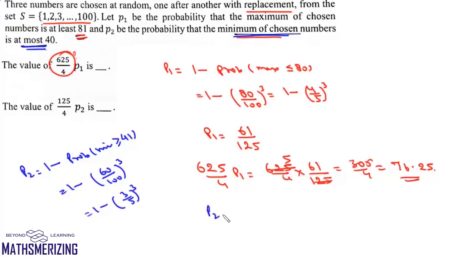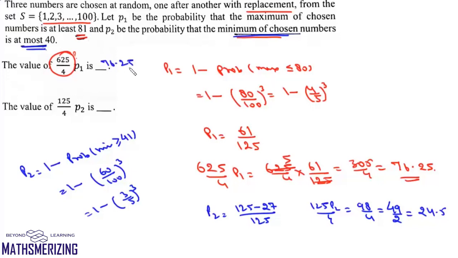So this P2 will be 125 minus 27 upon 125. So now we need to find the value of 125 P2 upon 4. So the value 125 P2 upon 4 will be this 98 divided by 4, which is 49 by 2, and this is 24.5. So the answer to this first question is 76.25 and the second one is 24.5, if this data and question setup is correct.